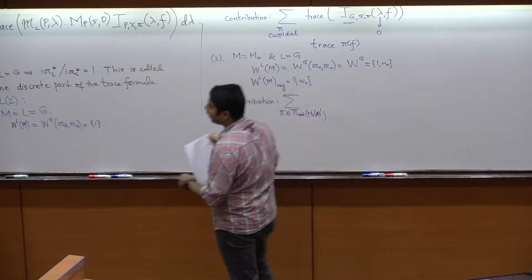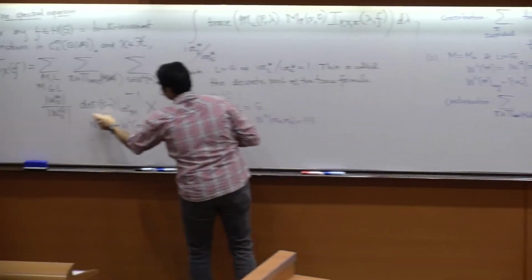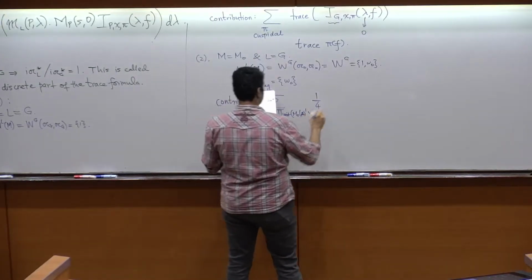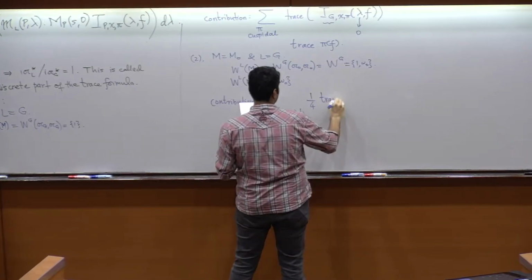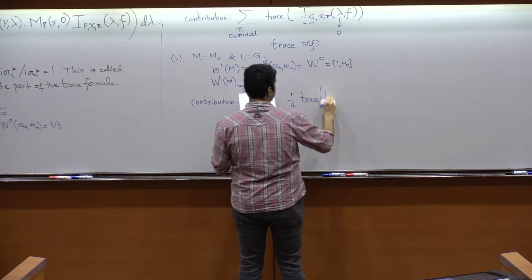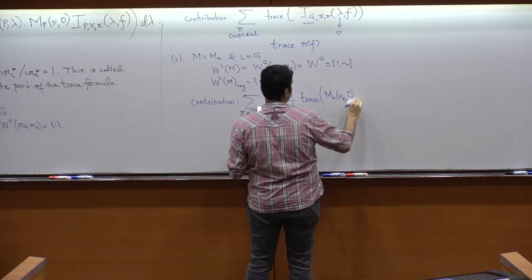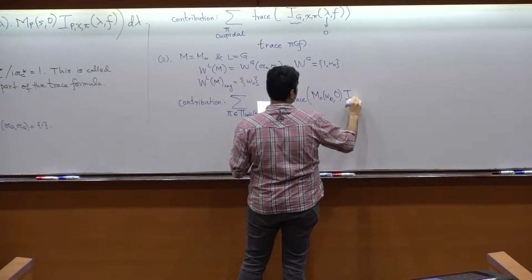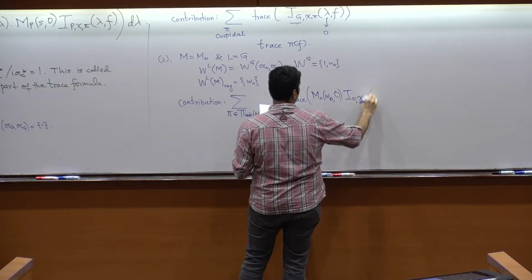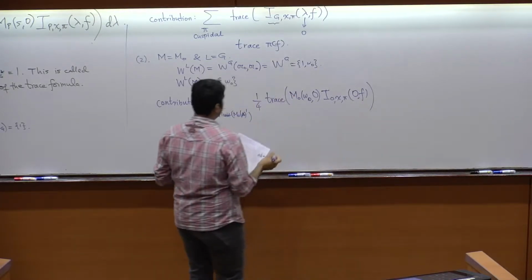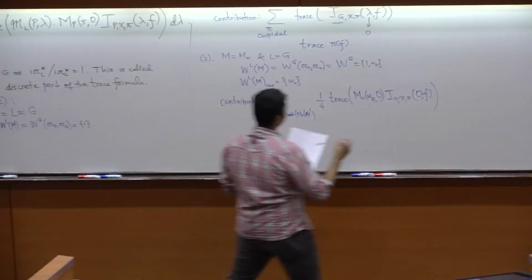You have a half here and a half here, that gives 1 over 4 trace of M0, W0, 0, I0, chi, pi, 0 f. Yeah, so this is the contribution.